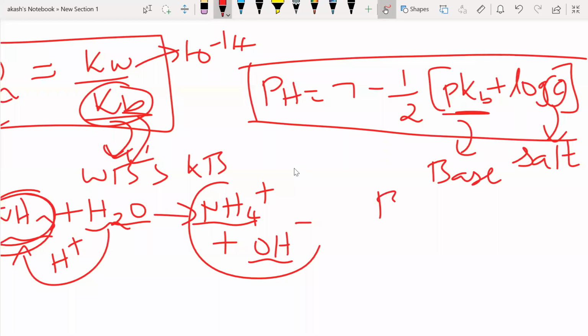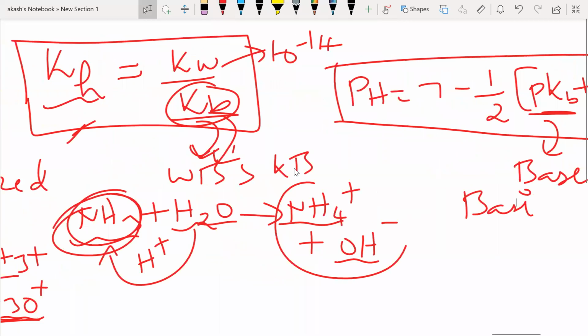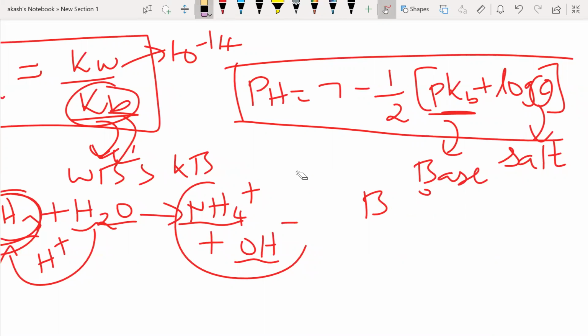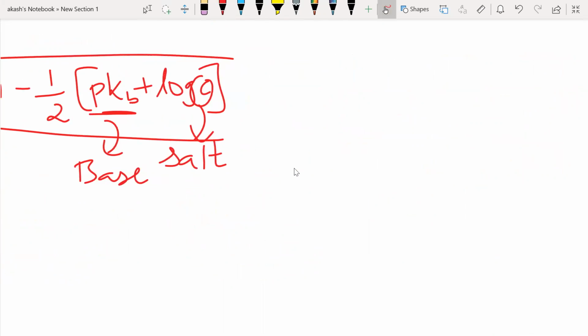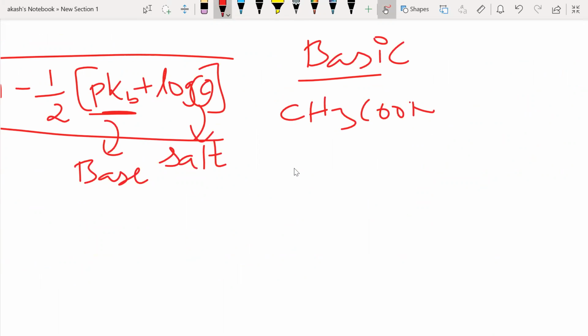Now when I go for a basic salt, let me take CH3COONa. Again, only the weaker part is the one which will undergo hydrolysis.